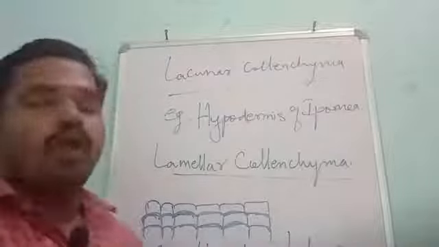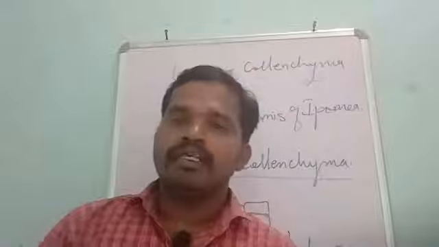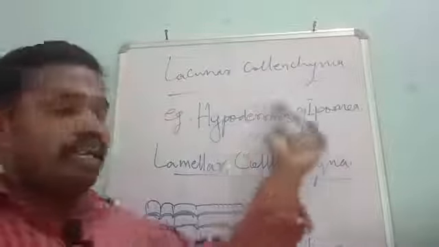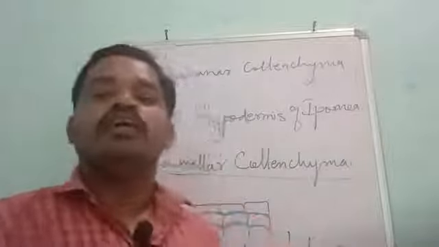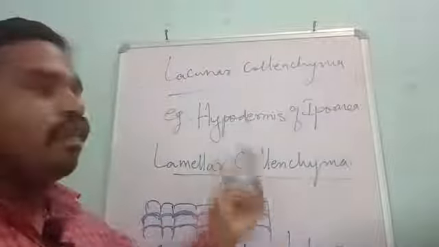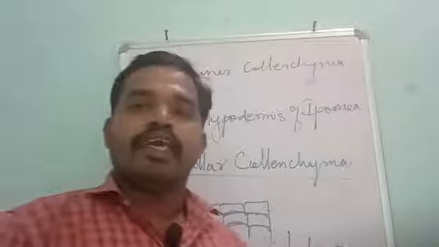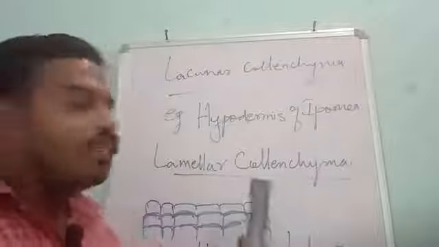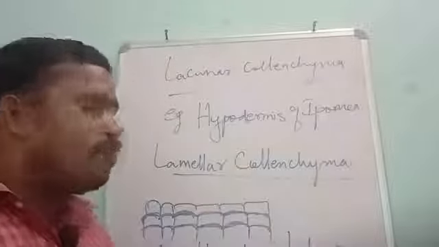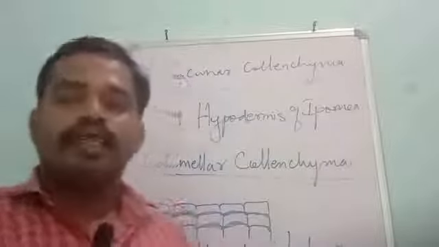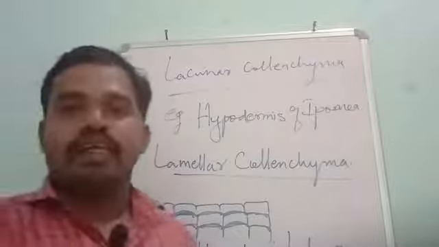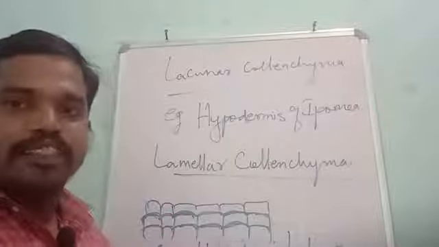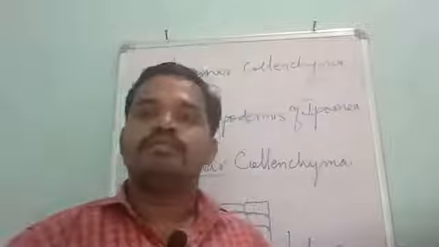Then lacunar collenchyma: the intercellular spaces of the collenchymatous cells are deposited with pectin. The third one is lamellar collenchyma: the collenchymatous cells are arranged in rows, tangentially thickened, in a successive manner. Clear?